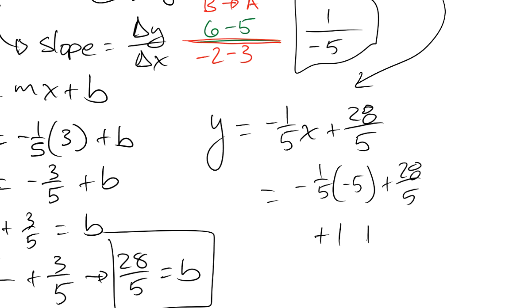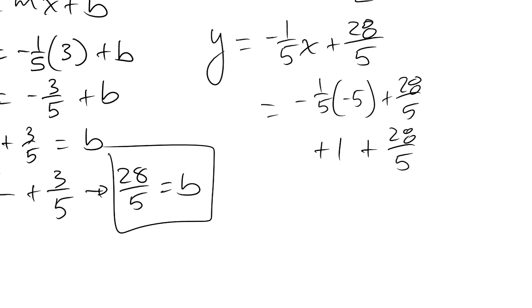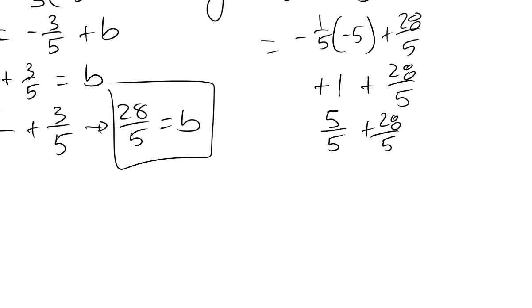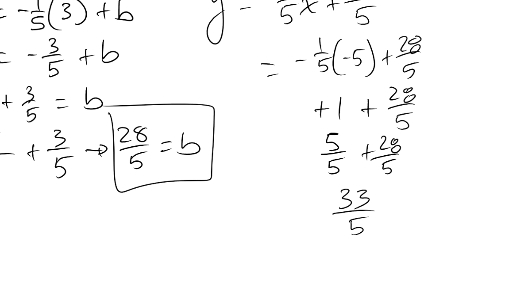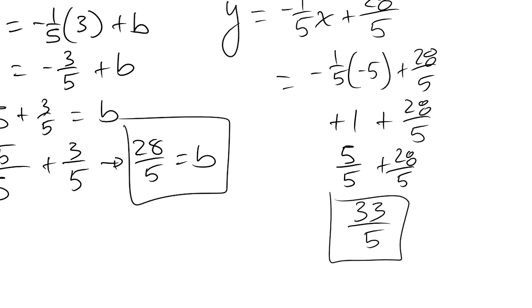So 1 plus 28/5. Of course, the number 1 can be written as 5/5 plus 28/5. And if I combine the 5 and the 28, that's 33. So I end up getting 33/5 on the right hand side.